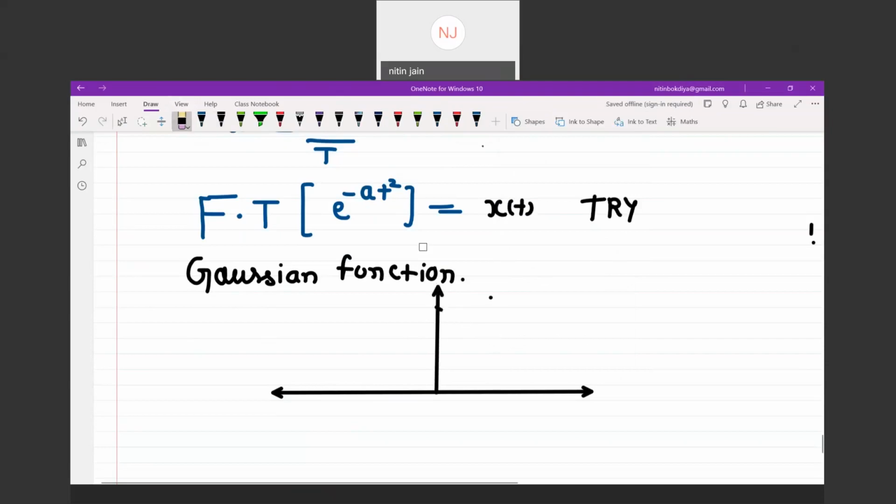At t equal to 0, its value is 1. After that, this is the Gaussian function. This is a Gaussian pulse, and this is the value of t. So how to find the Fourier transform of this function? Let's calculate.